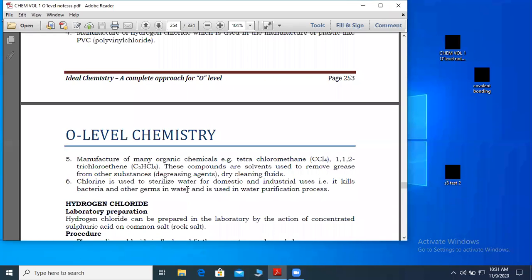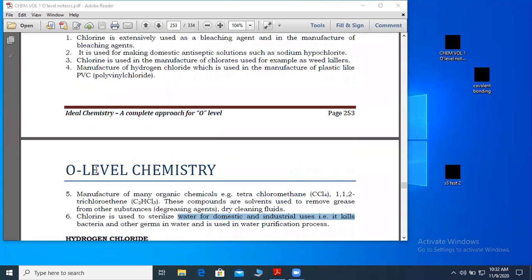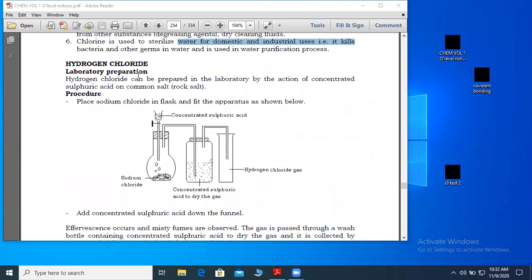It is used to sterilize water guard. From water guard, I told you the major substance that is there is chlorine. Then the other use, it is used as a bleaching agent. So the uses, you will look at them.